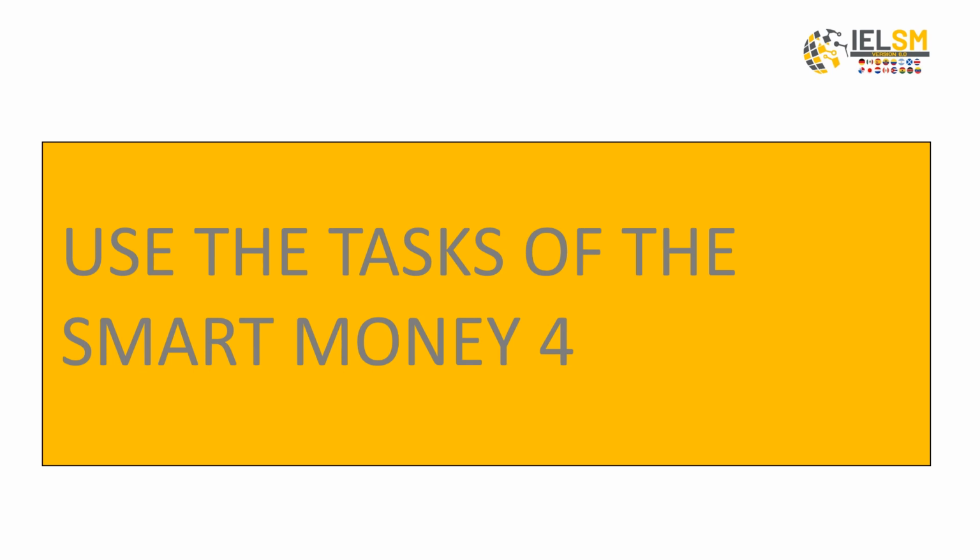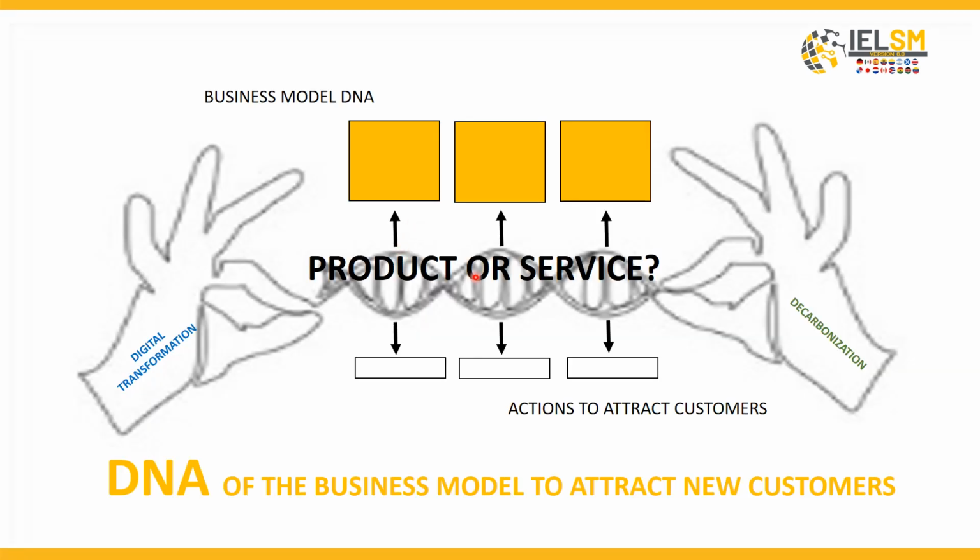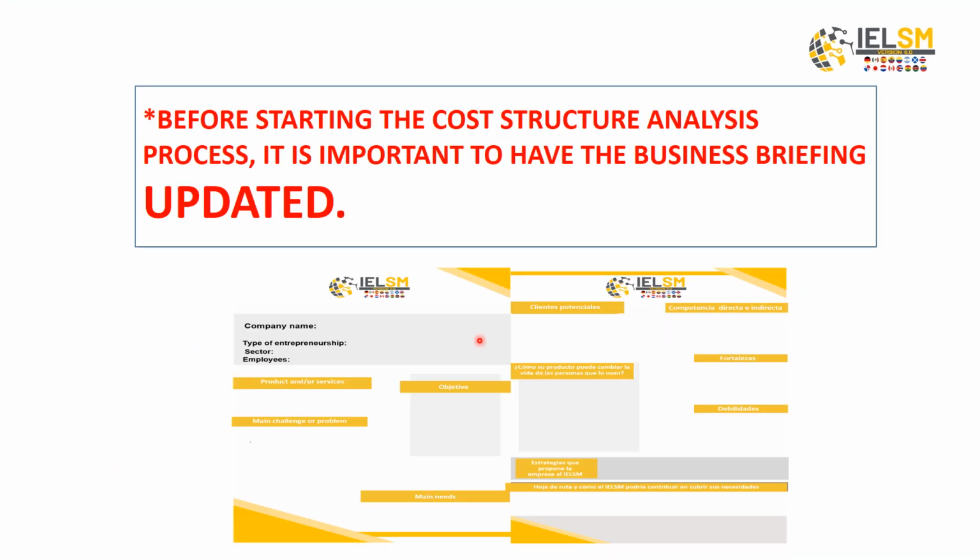The tasks for Smart Money number 4: the student should have done this business model DNA, these slides, and the action to attract customers. The student also should have done the new briefing for the business model.